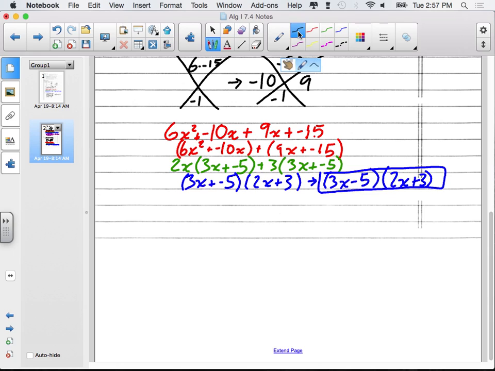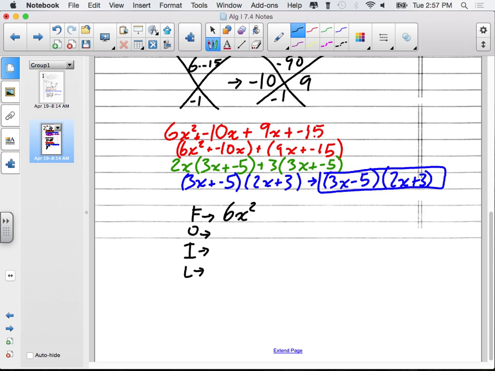I think most of you are getting done close to the check problem anyway. So when we check this out, FOIL it, rectangle method, doesn't matter. FOIL it, what do you get for your F step, for your first step? 3x times 2x, and what's that? 6x squared.